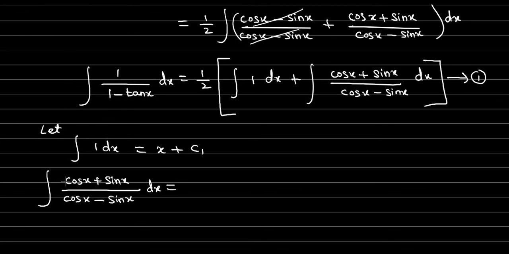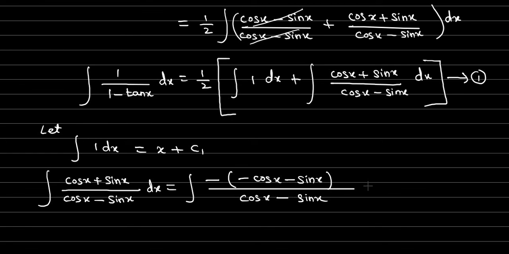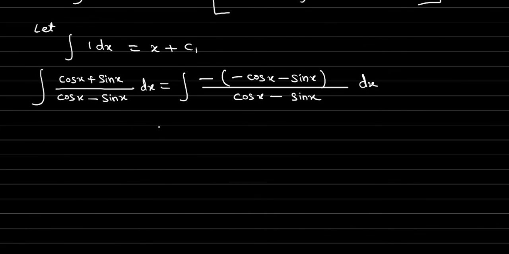So what we can do is here negative sign I am going to take commonly outside. So when we take, both the terms become negative. This way it will change. Now cos x minus sin x, this minus sign we can take outside.